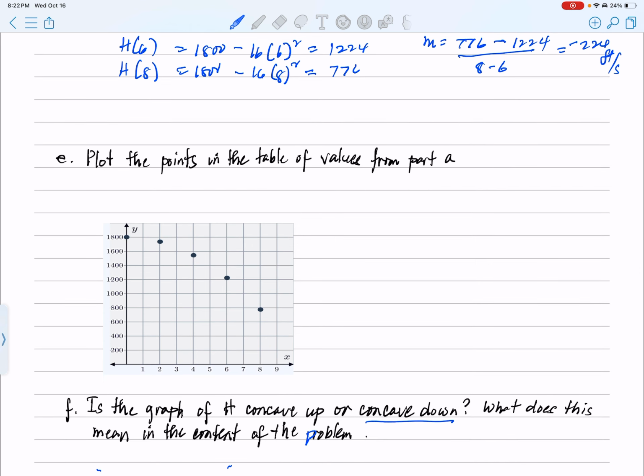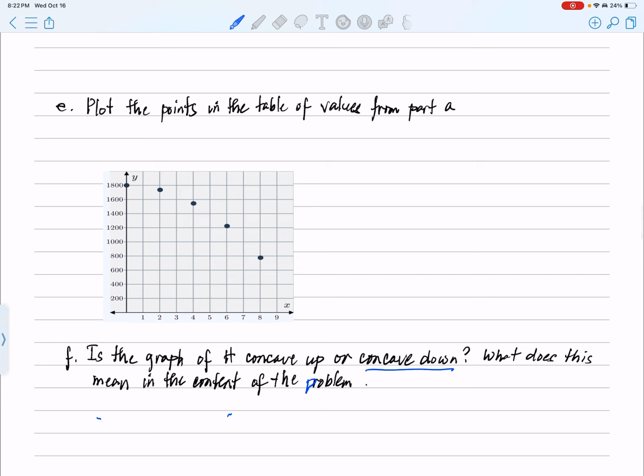We have the graph here plotted. So let's trace the graph. If I trace the graph like this, I think the graph forms a curve. The curve is somewhat facing down.